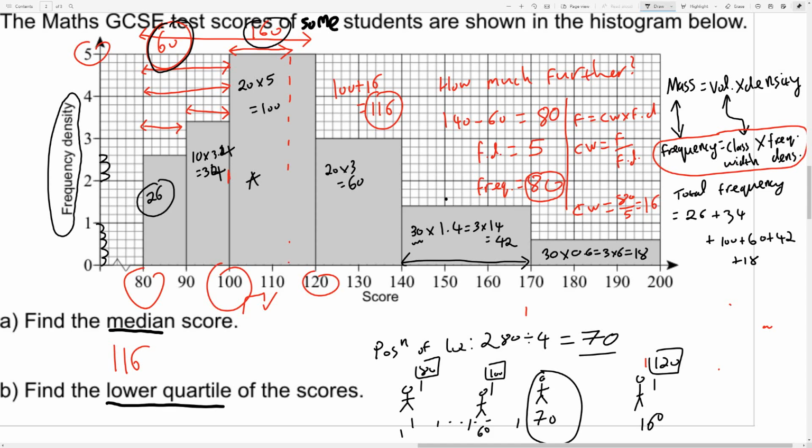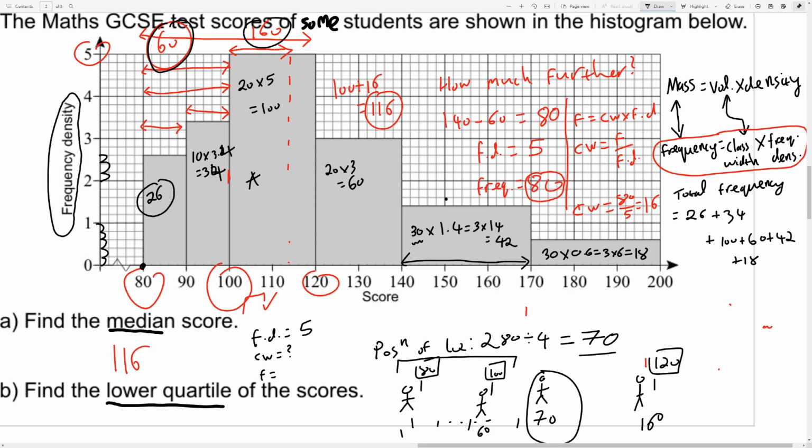So again, it's the same principle. We know they're in the third bar somewhere, the third class interval. So the frequency density is going to be 5. We do not know how far into that third bar we need to go, so the class width is unknown. We do, however, know what the frequency is going to be. We know the first 60 people are in the class intervals between 80 and 100.